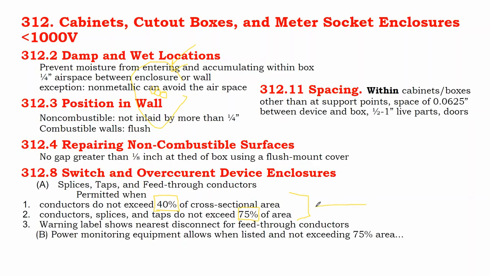There may be some more specific rules, but the general rule is, as long as you're not exceeding 75% of the cross-sectional area of that box, one dimension or another, then you're going to be fine. But on top of that, you want to make sure that you're keeping live parts away from the door.